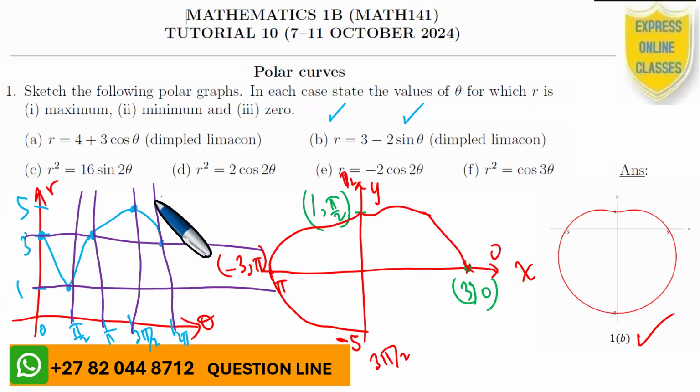And then now it's going to move from 5 to 3 between 3 pi over 2 and 2 pi. So this will sort of become the graph there.